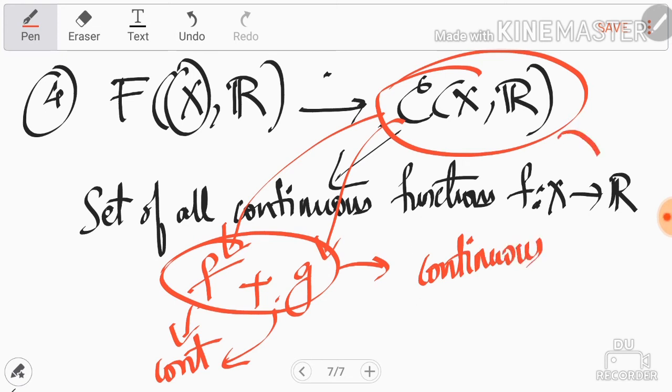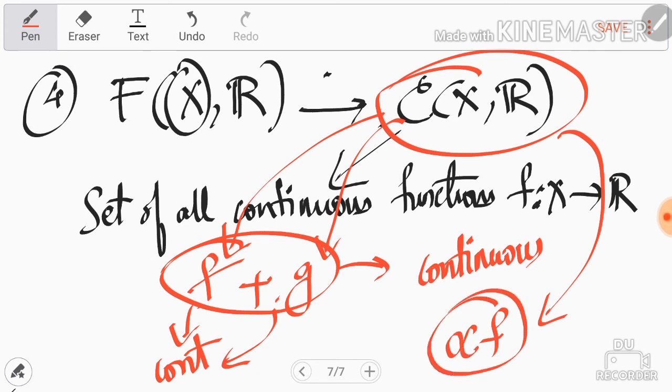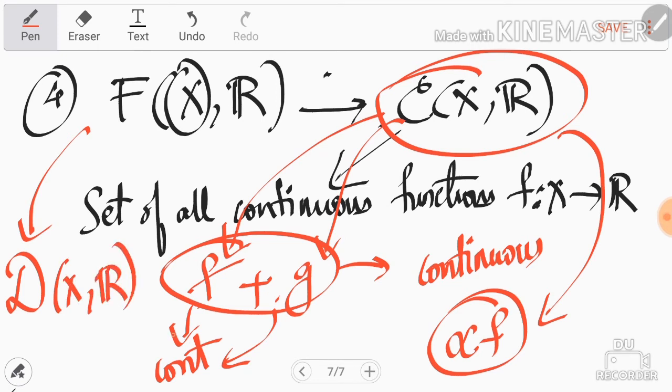Also, if you take any f, alpha f also turns out to be a continuous function. Even for that matter, you can take the set of all differentiable functions from X to R. We can still say that this space is a vector subspace of F(X,R).